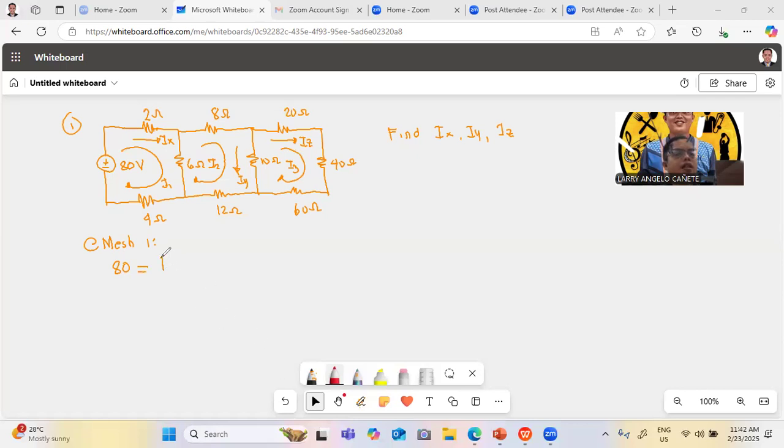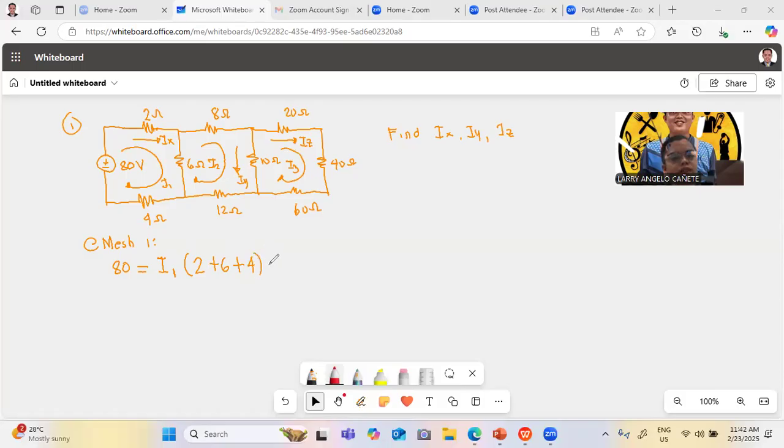Now, since I am inside mesh 1, you put here I sub 1 because you are at mesh 1. So whatever resistors are inside mesh 1, you sum up. I-add mo lahat yung resistor inside mesh 1. So here, we have 2, we have also 6, and lastly, 4. So 2 plus 6 plus 4.